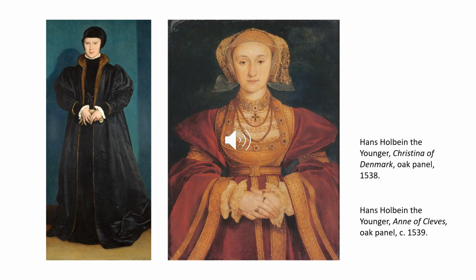What is fascinating is that Holbein, as the artist, although it was said that he did not depict her truthfully, there were no repercussions to Holbein for Henry VIII being contracted into this marriage.